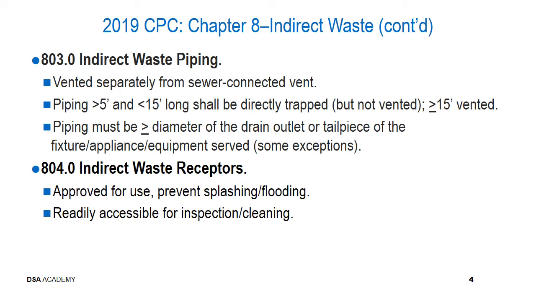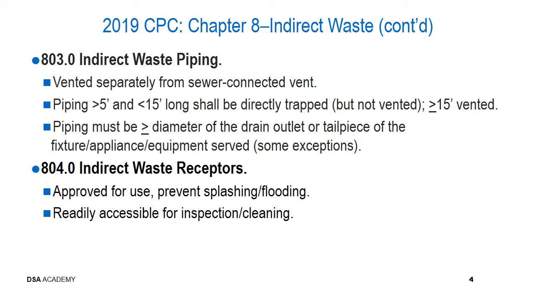If the piping is less than 5 feet long, there is no trap required and no venting required. If the piping is between 5 feet and 15 feet long, then the indirect waste piping has to at least have a trap, but it's not required to be vented. If the piping is 15 feet long or longer, then the piping is required to be vented.